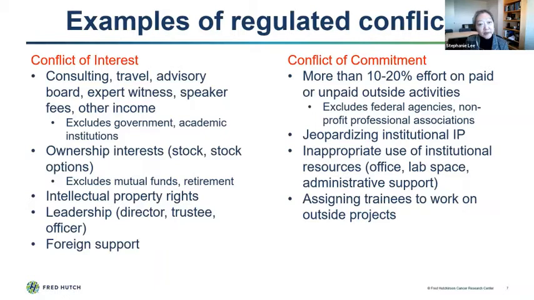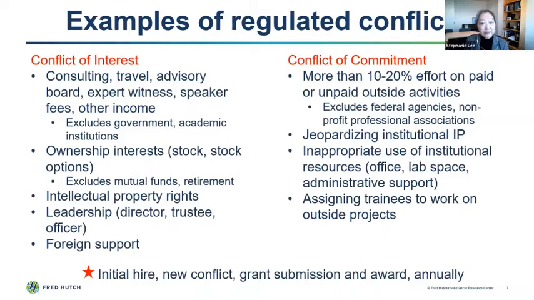If you inappropriately use your institutional resources, such as your office, your lab space, your administrative support, or if you assign trainees to work on outside projects. And these conflicts of interest have to be declared when you're first hired, if you obtain a new conflict, at the time of grant submission or award, and then annually.